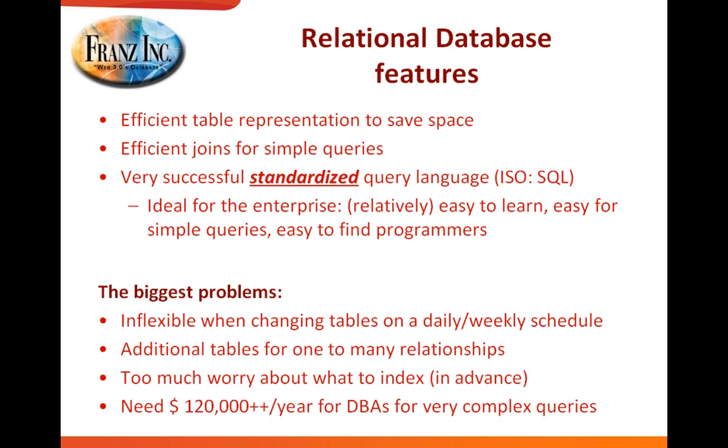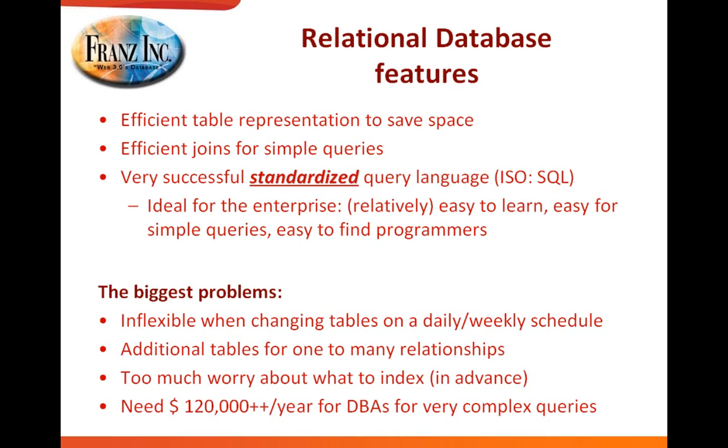But of course the problems are, and that's why we now see so many new types of databases coming up, that these databases are inflexible when you change tables on a daily or weekly schedule. And it gets to be a nightmare if you've got too many one-to-many or many-to-many relationships.